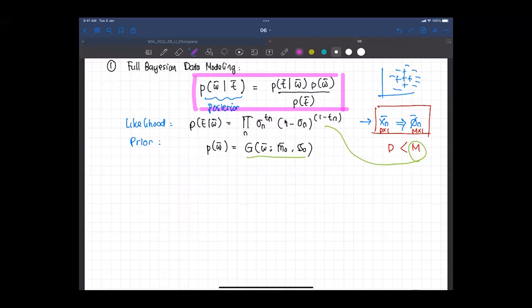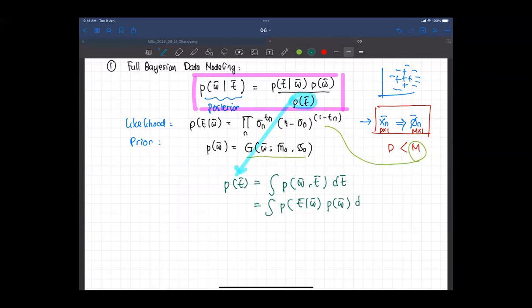You will find a specific function for P, the likelihood and the prior. Because at the end of the day, this is the main problem. What we want here is that P of T is the integral of P of W, T bar, which equals P of T given W bar times P of W, integrated over W. That's something that we want to solve. That's the definition of P of T.